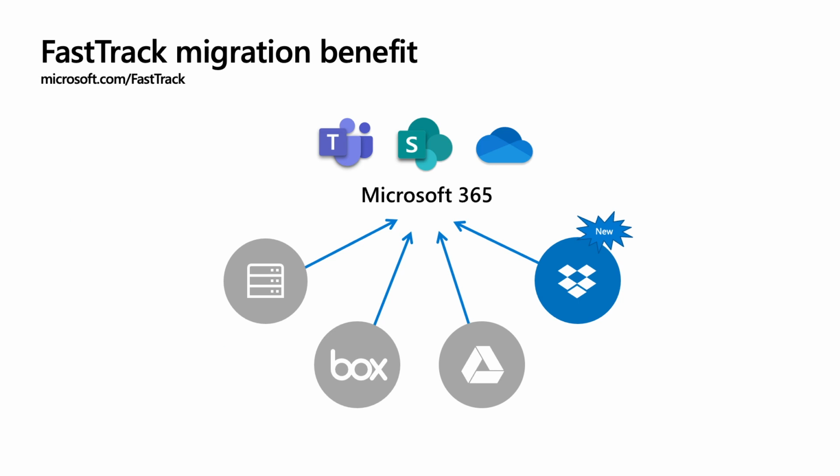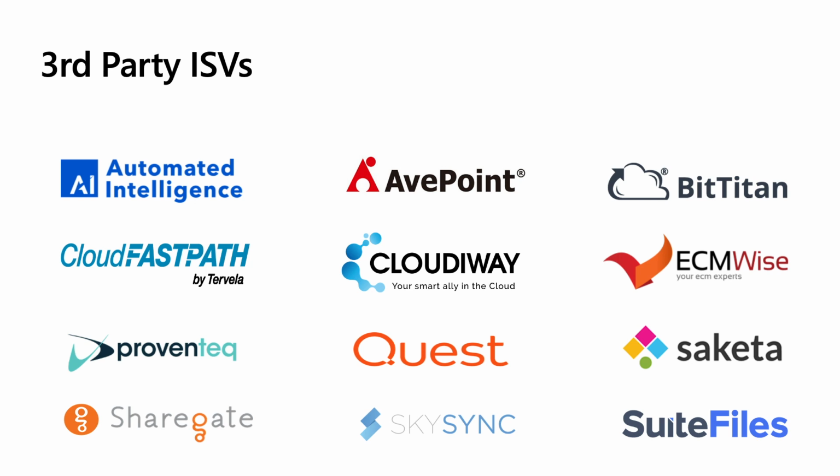If you're looking for additional help, you have the Fast Track Migration benefit, which is available to all customers with 500 or more seats. Fast Track currently offers migration from file shares, Box, Google Drive, and newly added Dropbox. For additional migration needs, you can leverage a rich ecosystem of ISVs who can further simplify your migrations.